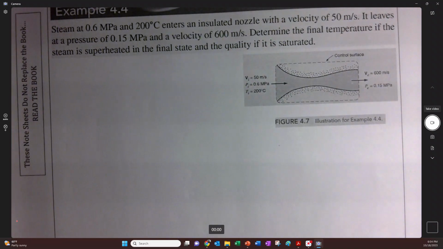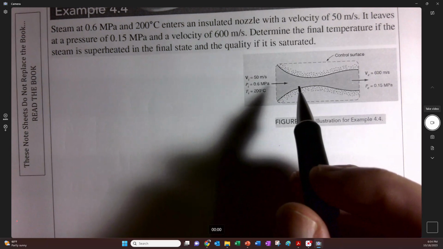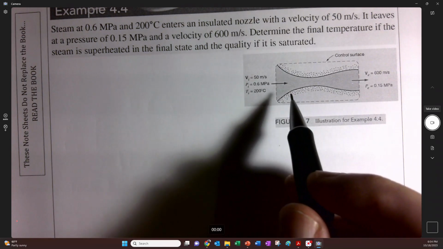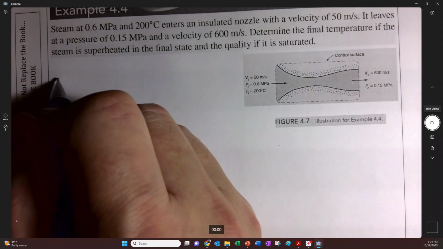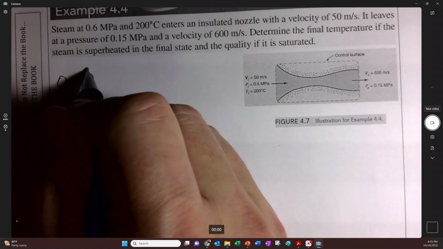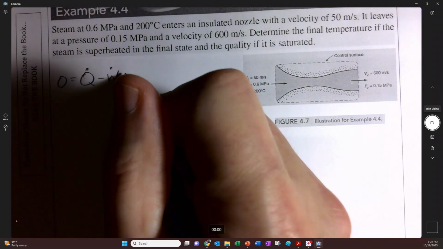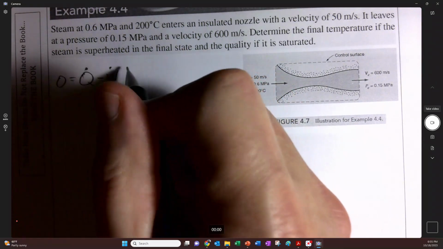So here's our information. The main equation that we're dealing with is still going to be this one right here. I think we're going to go for the total for this.